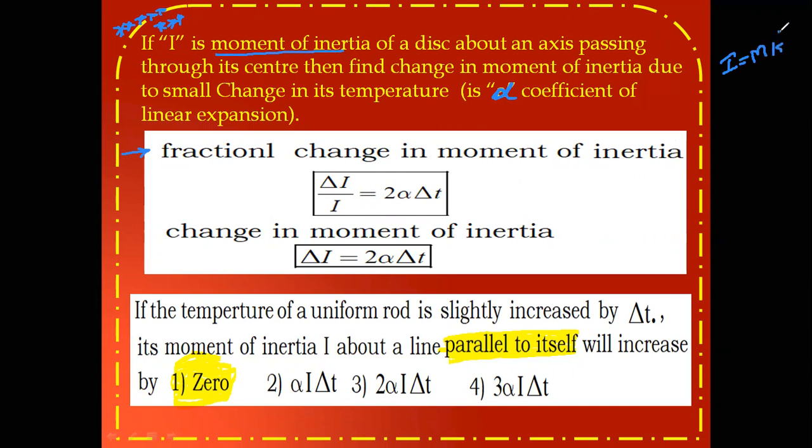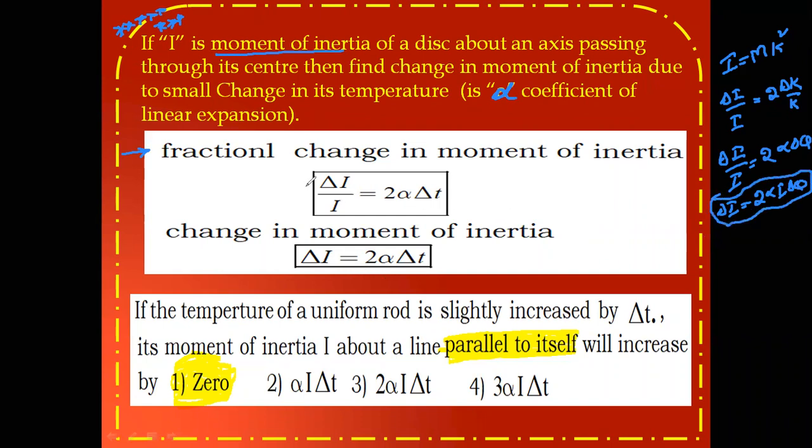So delta I upon I is equal to 2 into delta k by k, the approximate formula I already said. So delta I by I is equal to 2 into delta k by k, which I can take as alpha into delta theta. From this, delta I is equal to 2 into alpha into I into delta theta. It is the basic formula.